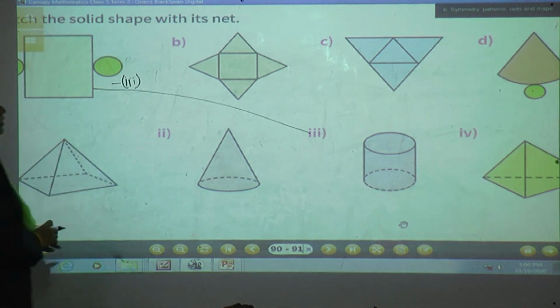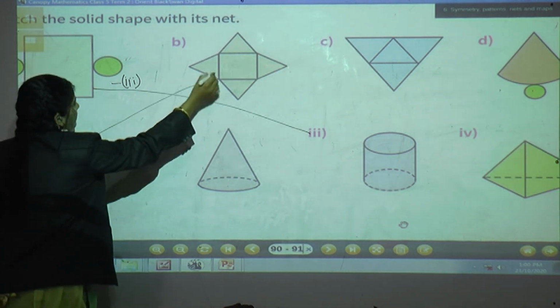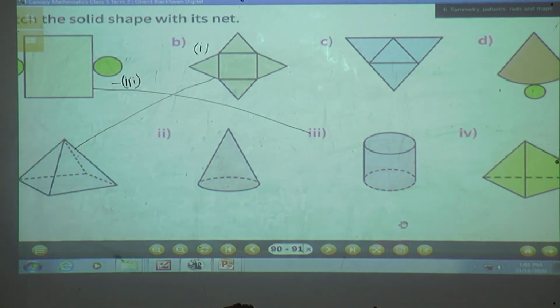Okay. Now B1. Yes, tell me the answer students. Which one is the match for the solid shape with its net? Okay. So for the second one we can match it to the pyramid. Yes. Here is a pyramid. Now C1.